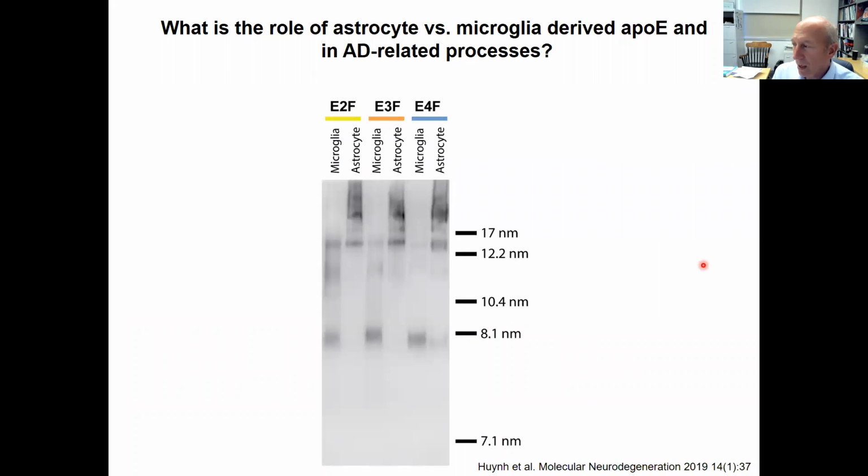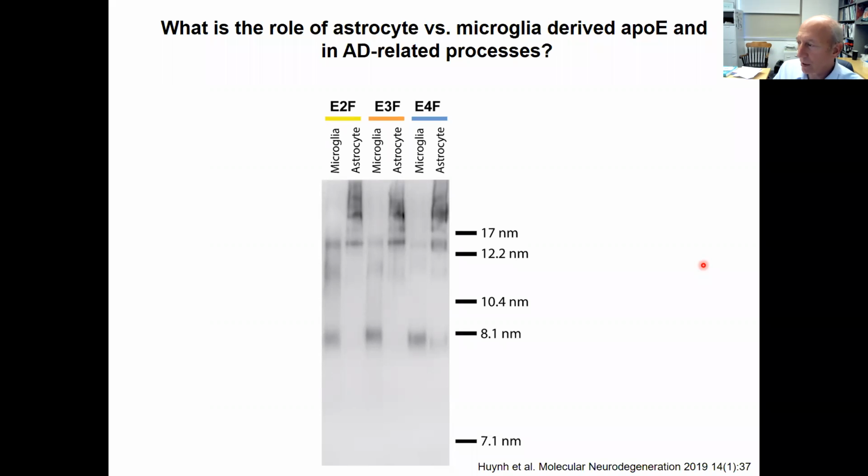So one of the things that is interesting about the cells in the brain that do make APOE is that it turns out there are probably some differences in the APOE that's released from the cells. In this set of experiments, Tom Mahan, a PhD student, was looking at APOE that was released from either cultured astrocytes from these APOE knock-in mice or cultured microglia.